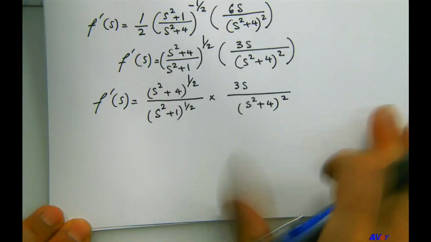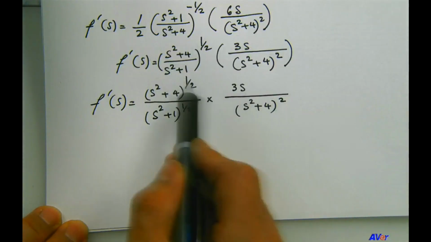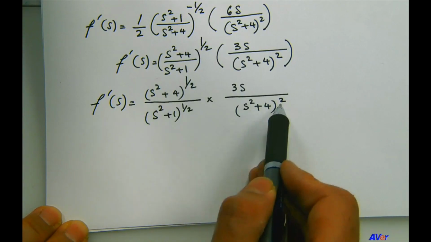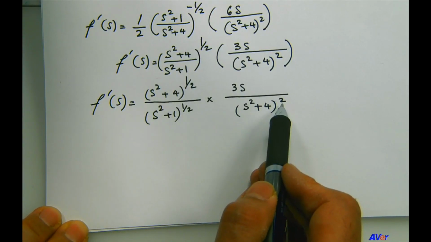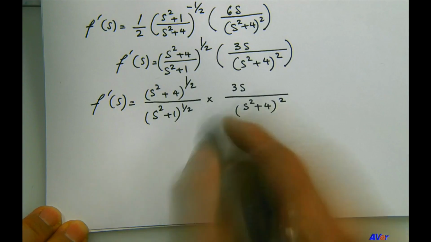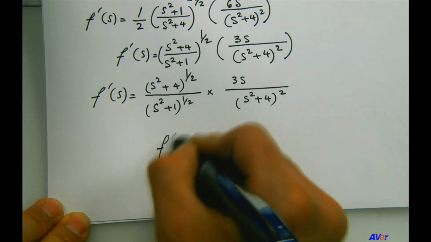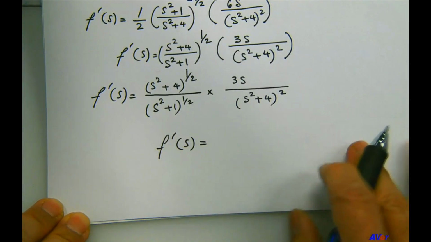Okay, so you can see that we can combine these two and we get 3/2 in the denominator. So this is the final expression for this derivative.